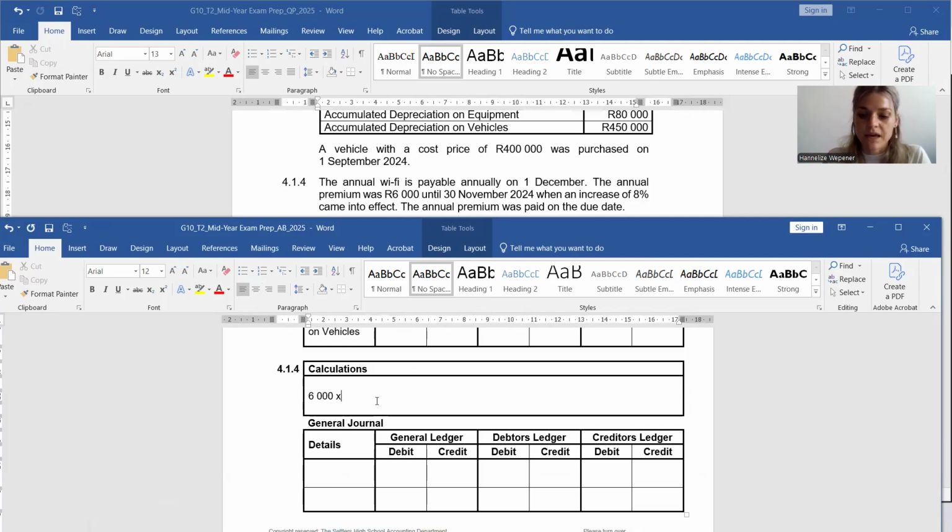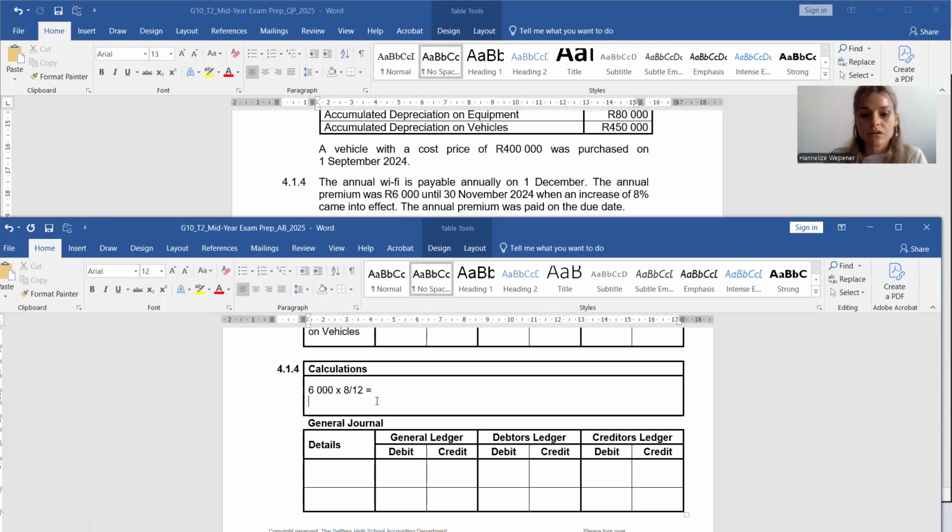So times by 8/12 to see how much you should have had there. This is now for calculating the expense, okay? We're not going to record the expense now. It's just if you had to do this, the trial balance, then you would have now done that to calculate what's to be included.